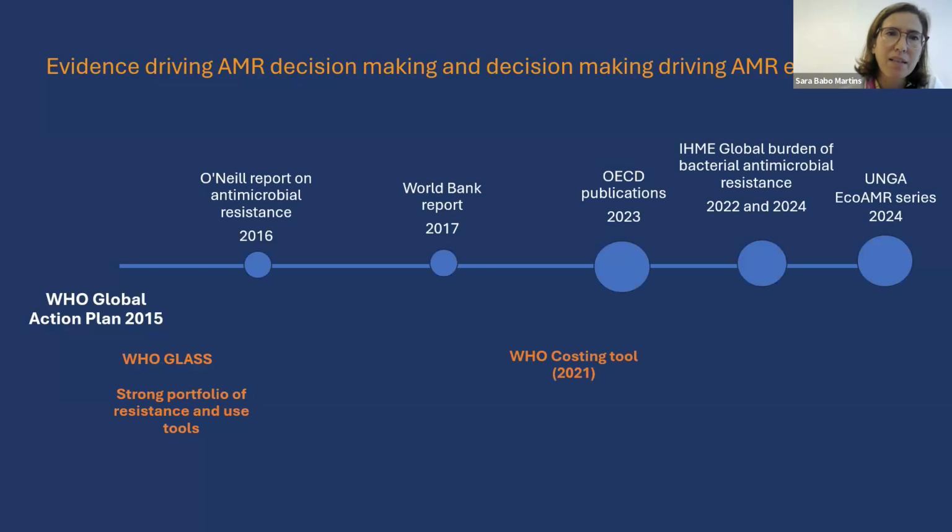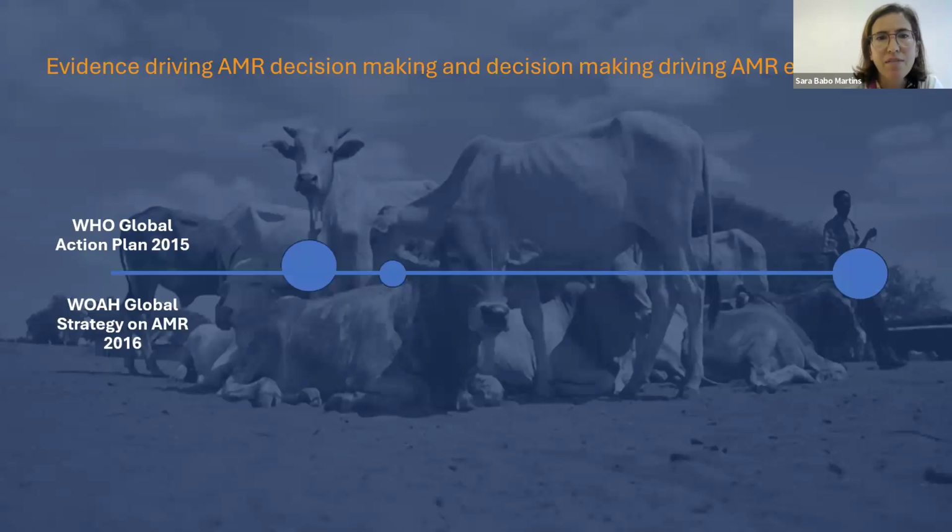From the O'Neill report right at the year of 2016, almost 10 years ago, to the Eco-AMR series that was launched last year, that continue to assess both economic impact and also burden assessments produced by the AHME. On the animal health side, we also have some epidemiological and usage tools at the international level, and more and more also at the national and regional level.